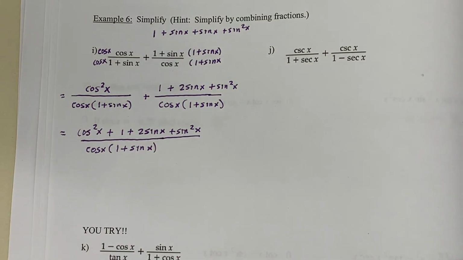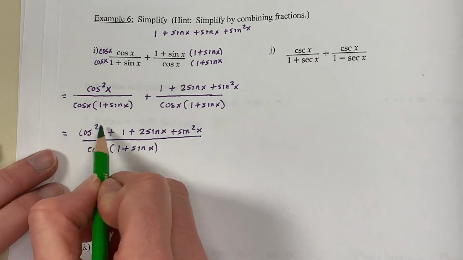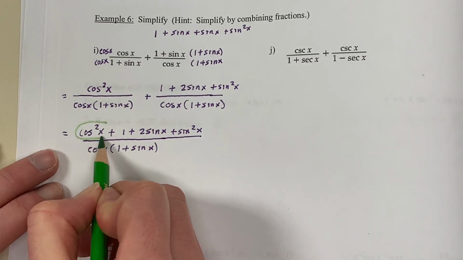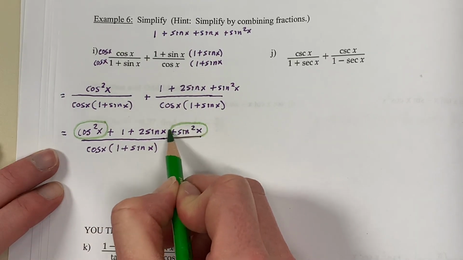Now, this is where it can get a little bit tricky, but there's a couple ways that we could approach this. One way that we could approach this is to recognize and use Pythagorean identities. Notice in my numerator, I have a cosine squared x plus a sine squared x.